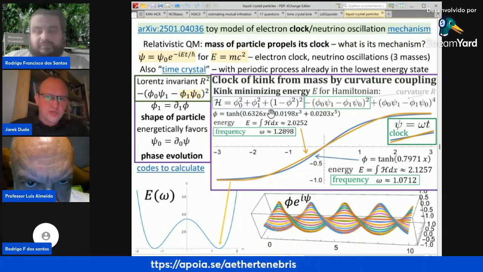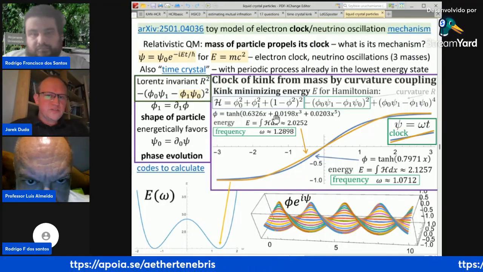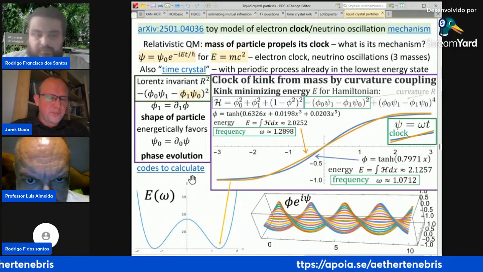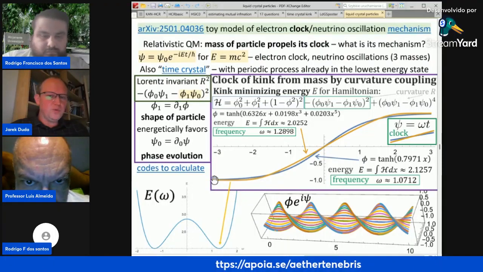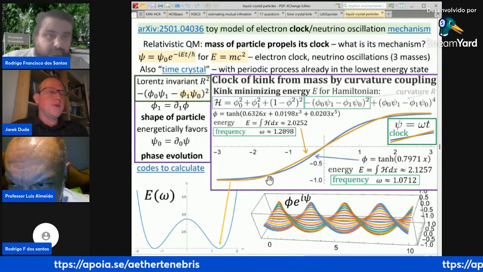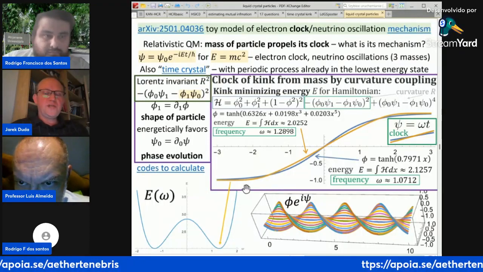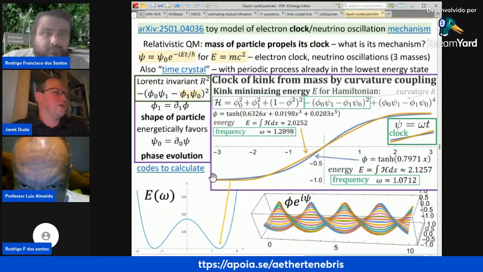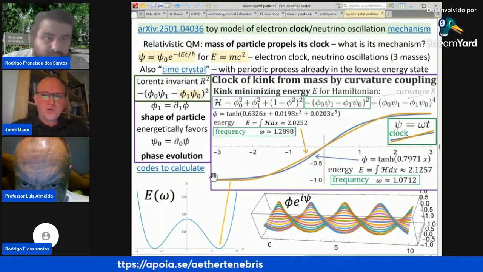So here is the toy model, how to get it. Here is the standard phi to the fourth model, like Klein-Gordon. We get this particle going from one minimum to another minimum, and this shape hides the energy, the mass of the particle. Now we'd like to make this kink a time crystal, to make it oscillate already at rest. So how to do it?